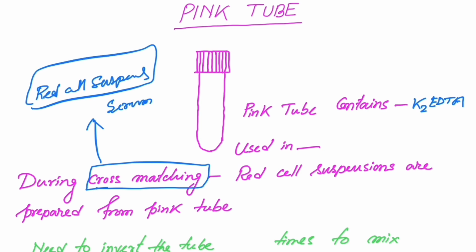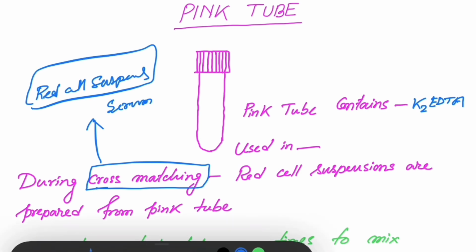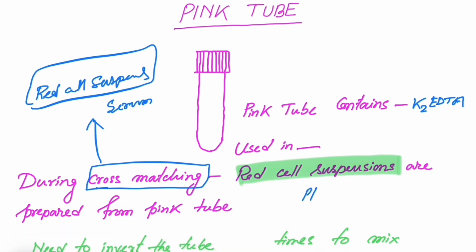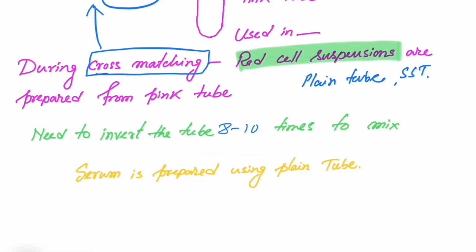To get the red cell suspension, we use this pink tube, and to get the serum we can take either plain tube or SST tube. How to mix? Invert the tube 8 to 10 times to mix.